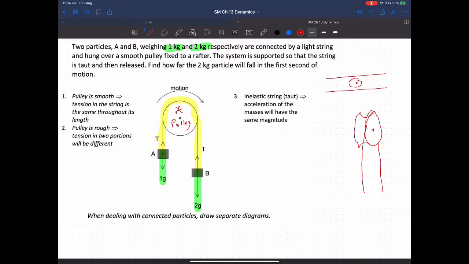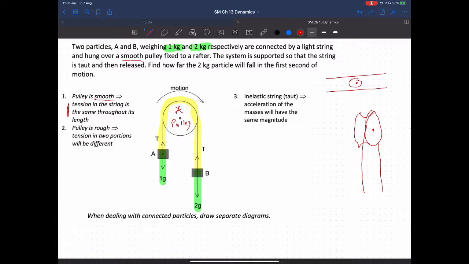Now there are some other pieces of information that we are given. We are told it is a smooth pulley. Previously, when we have looked at something being smooth, we've talked about it as not having friction. Here, when we're looking at a smooth pulley, the tension in the string is the same throughout.